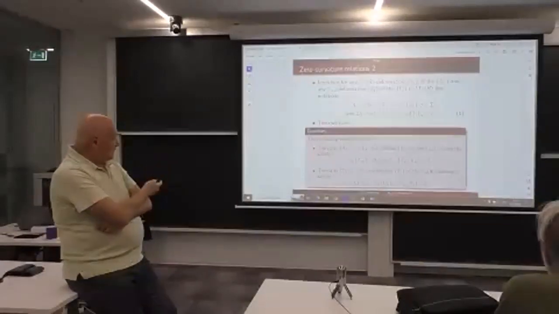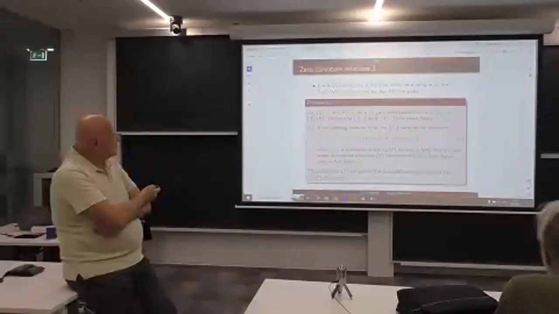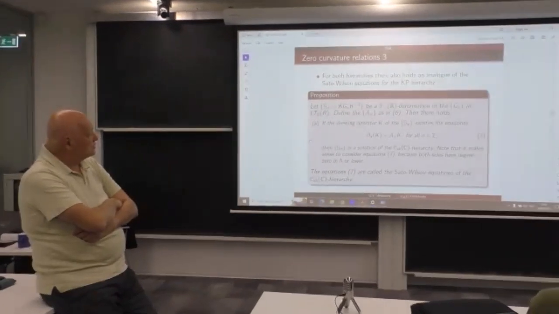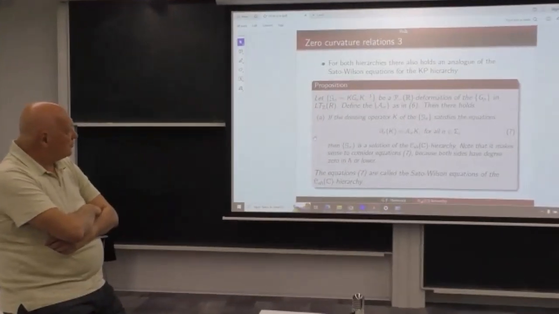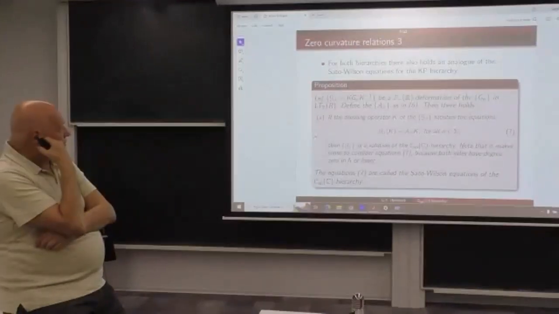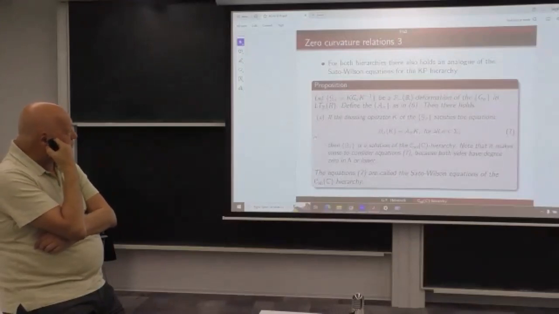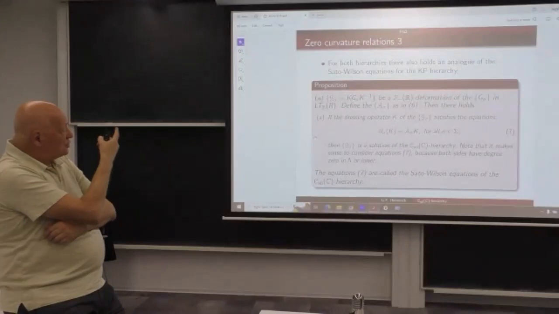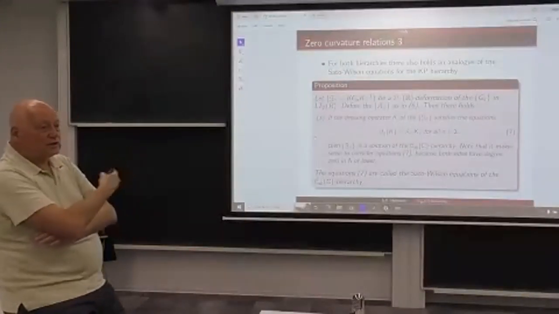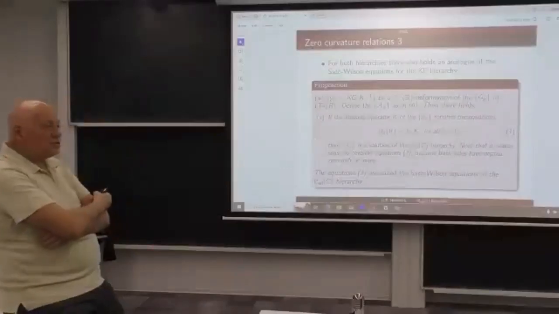Now, these equations satisfy also an analog of the Sato-Wilson equations for the KP hierarchy. Suppose we have such a set of deformations. This is the complex case. The real case is on the next sheet, for it did not fit anymore.